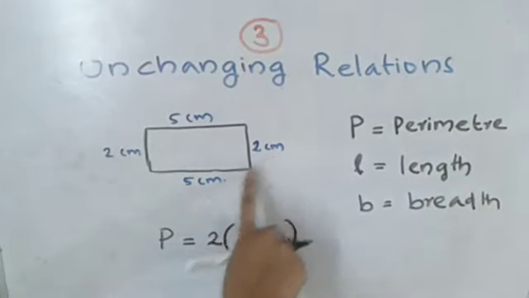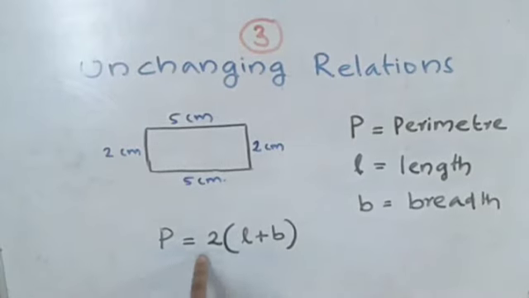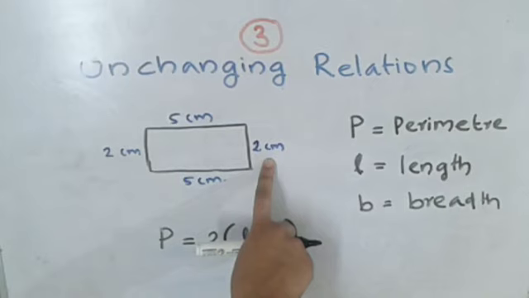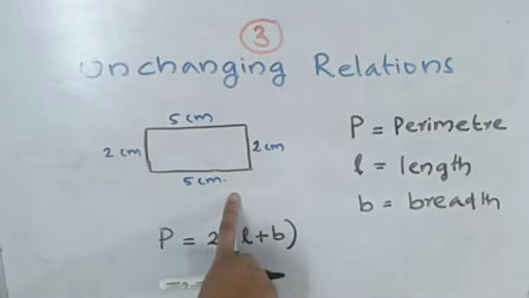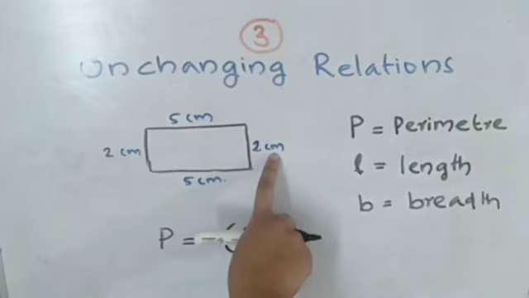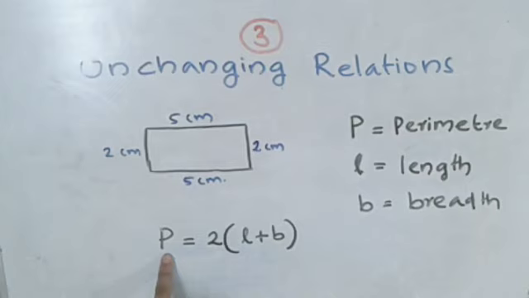This length and breadth are not equal, so we write P is equal to 2 times (L plus B). 5 plus 2, that is 7. 7 into 2, 14. 14 is the perimeter of this rectangle. We can check it: 5 plus 5, 10. 10 plus 2, 12, plus 2, 14. 14 is the perimeter. So this is the relation between perimeter and length of this rectangle.